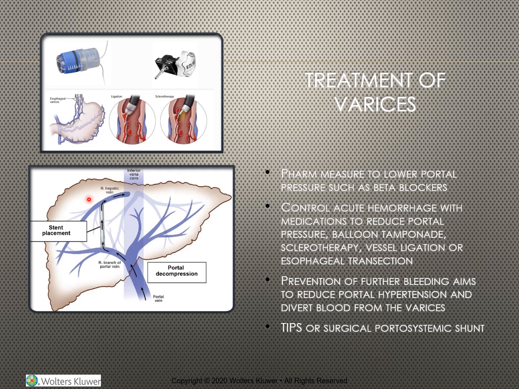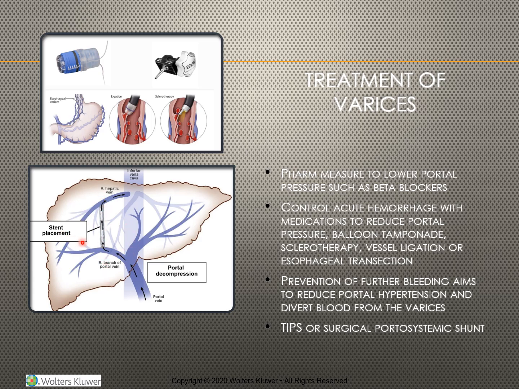So again, remember that what happens in portal hypertension is that the liver tissue itself starts to fibrose, and so blood can't travel through that tissue as readily as it used to, and it starts to back up into the portal circulation. And so through a TIPS procedure or through a systemic shunting procedure, we create new shunts or new ways for blood to travel through the liver.